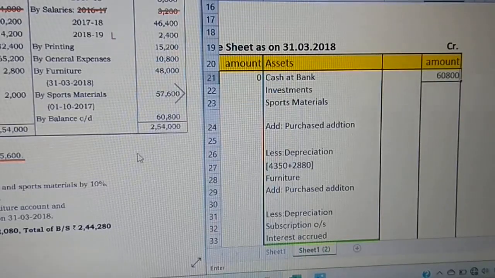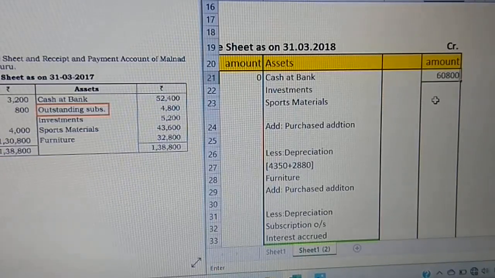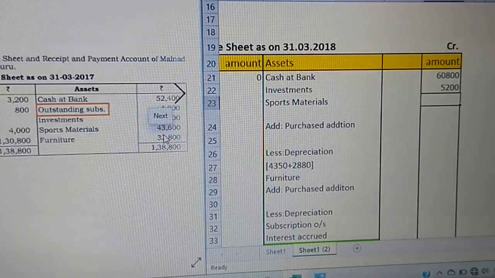Next, investment. So moving on to the opening balance sheet. Investment, we have no adjustment, it is 5,200. So I'm just taking investment as 5,200. Next, sports material. Now moving on to the sports material, just observe sports material. Do we have this adjustment, additional purchase?